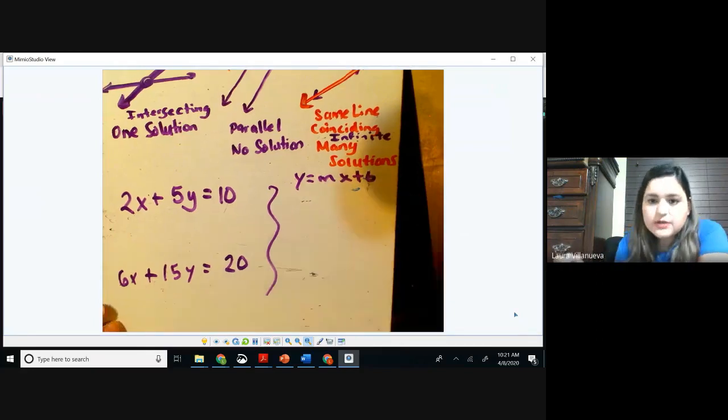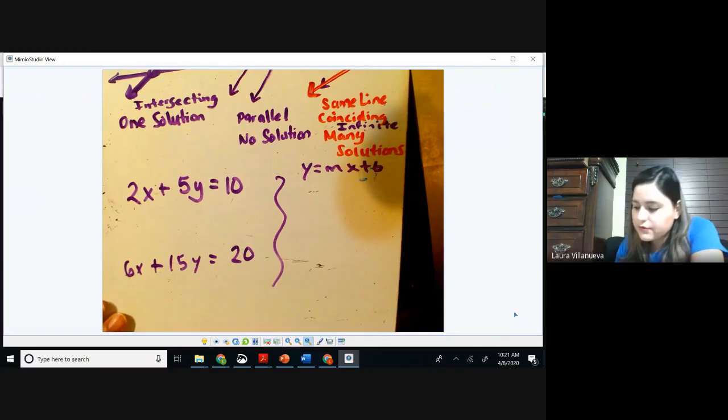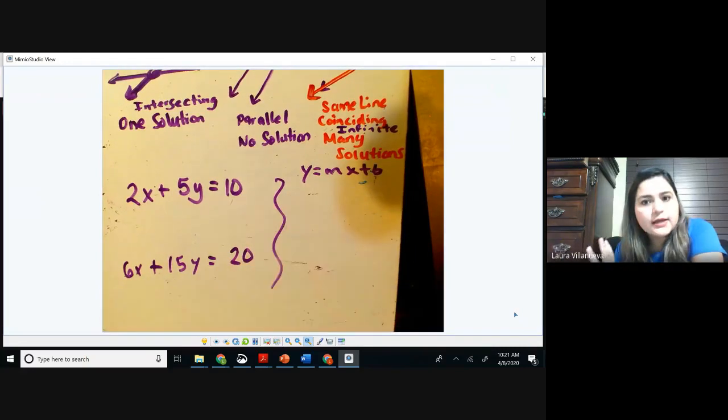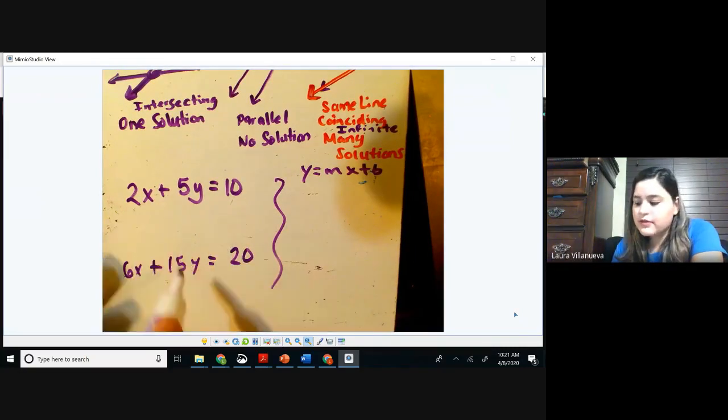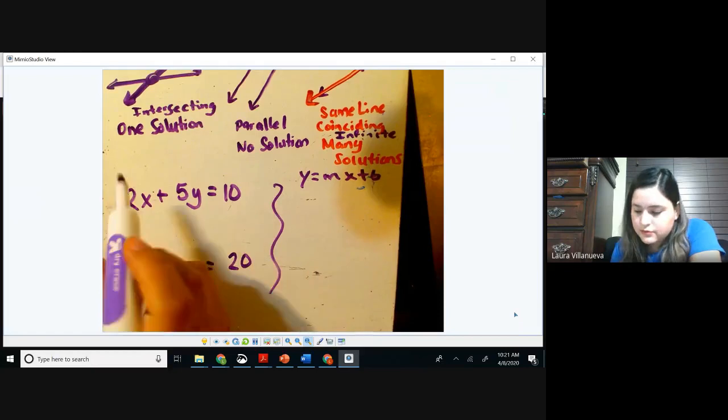If it's not, you have to make it like that. You have to move things around and leave the y by itself so you can compare. Like this, you can't compare anything, and remember, you can't graph it. So you have to move things around.